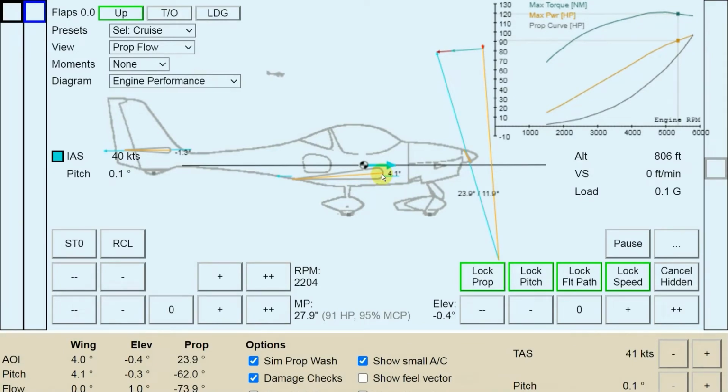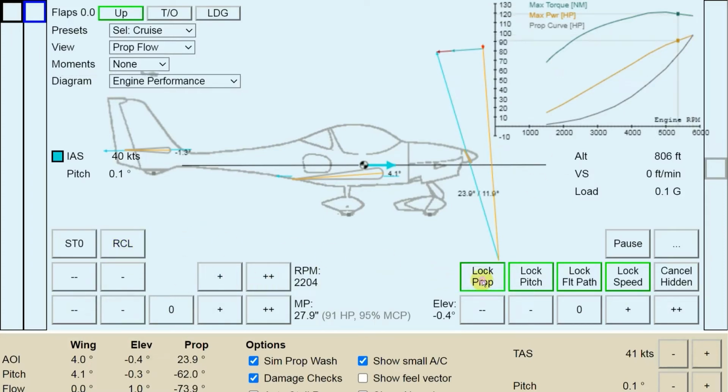Next, let's see how a constant speed propeller behaves at 40 knots. For this, we will now unlock the propeller, which converts it back to a constant speed propeller. Let's unlock it. And here we see that the constant speed propeller also delivers full power at 40 knots. Why?